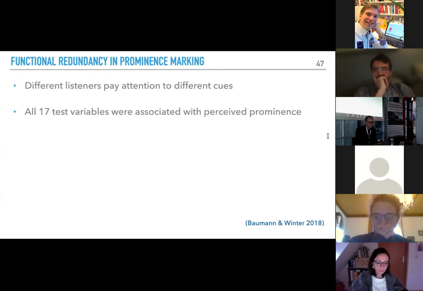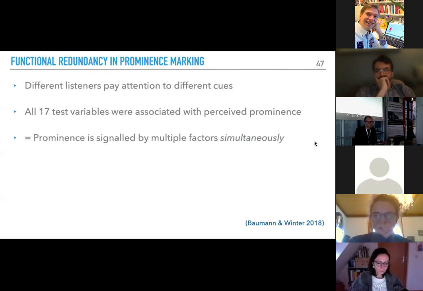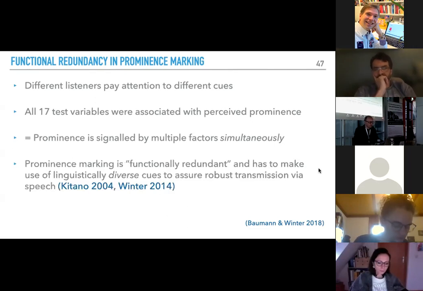And the fact that all 17 variables tested were associated with perceived prominence suggests that prominence is indeed signaled by multiple factors simultaneously, which is a finding that has also been stated by previous studies. In fact, prominence marking turns out to be a functionally redundant system, which makes use of linguistically diverse cues in order to assure robust transmission via speech.